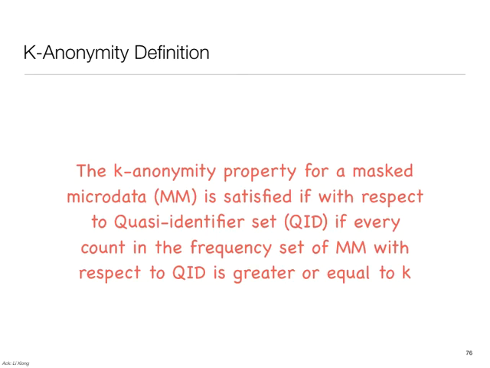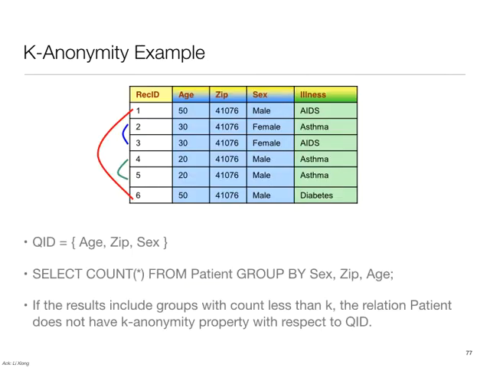Let's see how we can potentially do it. Let's say this is our data. We see age, zip code, sex, and illness, and our QID in this case is age, zip, and sex, because the idea is that this could potentially occur in, let's say, a voter registration data set.